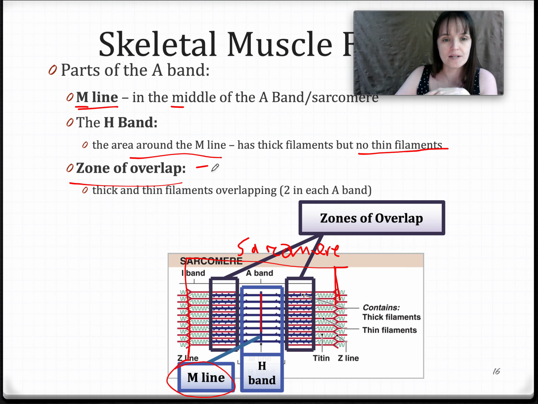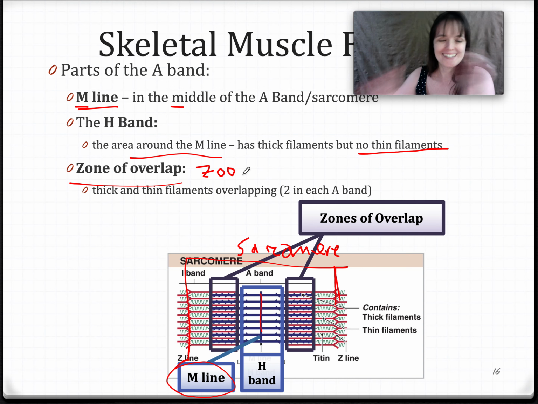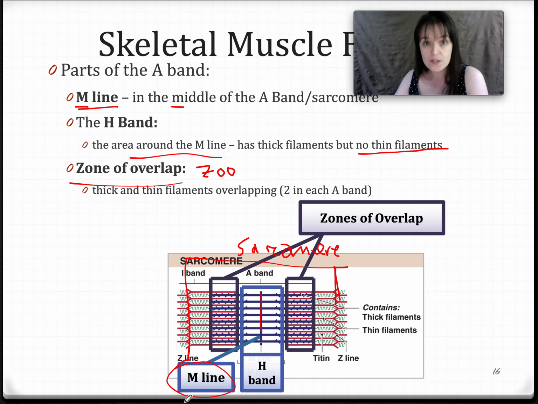Thick and thin filaments overlap, and as you can see, this is a picture of one sarcomere, and you have two zones of overlap because you've got one on either side of the H band. There are two zones of overlap in each A band, and the A band is from here to here.